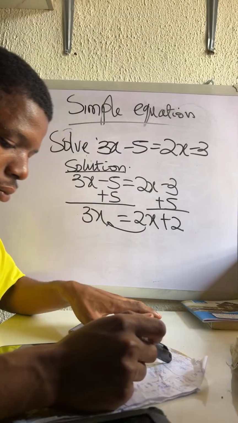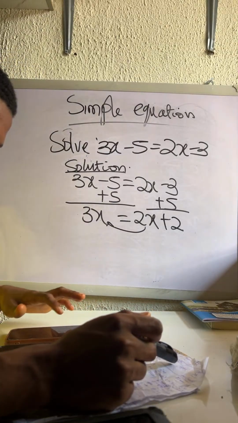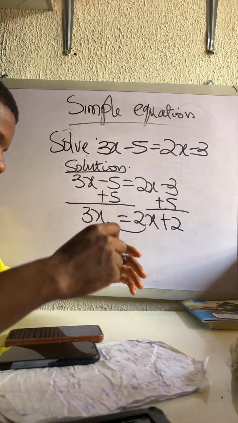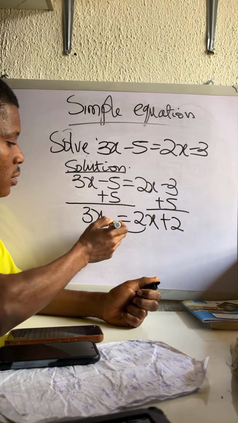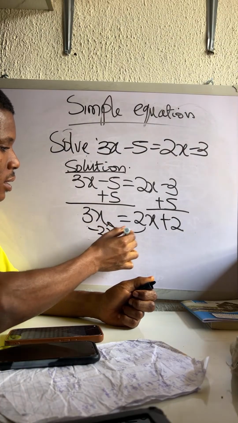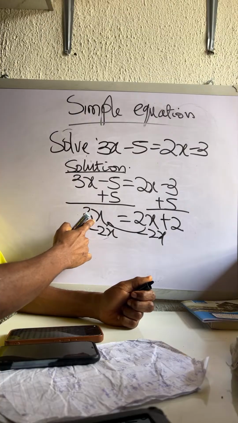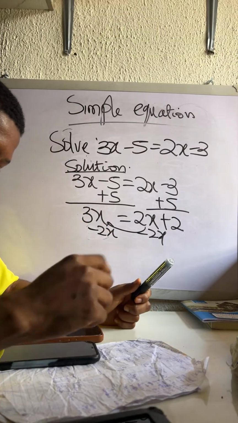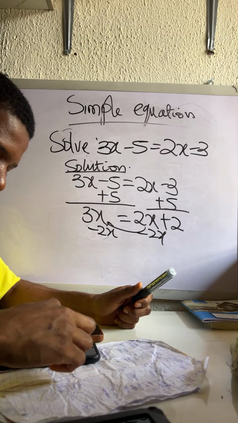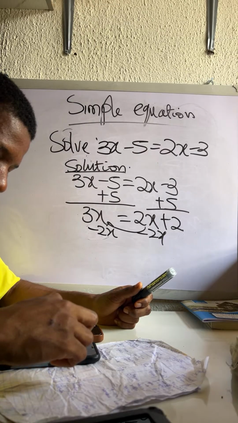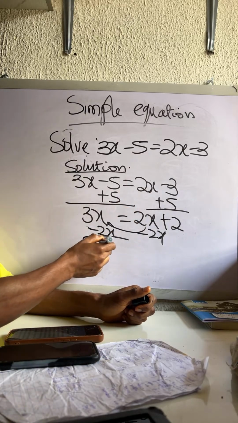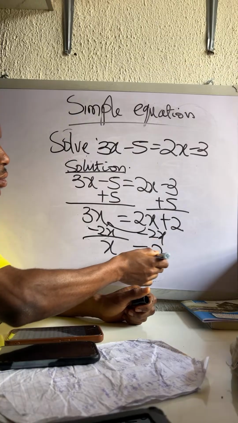When you subtract 2x from both sides, you are going to get 3x minus 2x. What is 3x minus 2x? x. So you have it as x, and that's equal to 2.